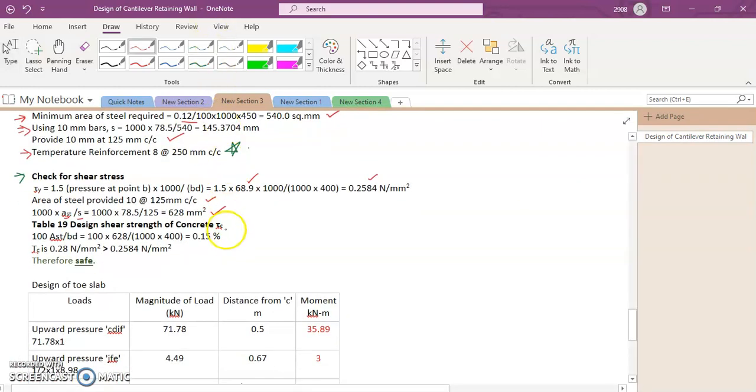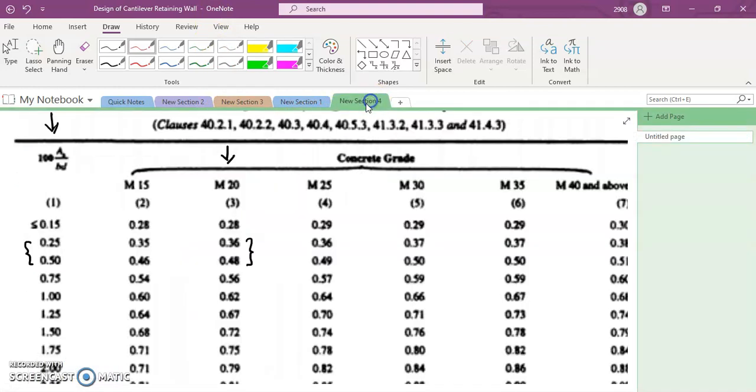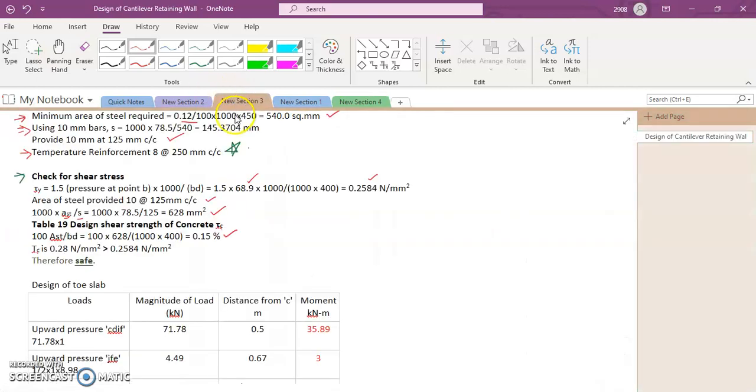We are talking about M20 grade of concrete. So tau C, the permissible shear strength of M20 concrete, is 0.28 Newton per mm square.